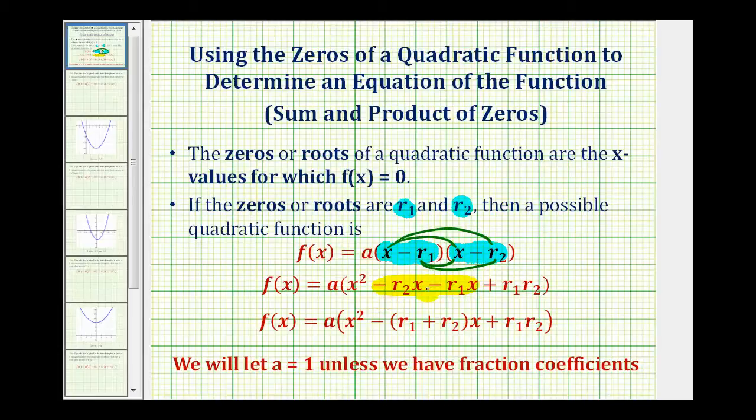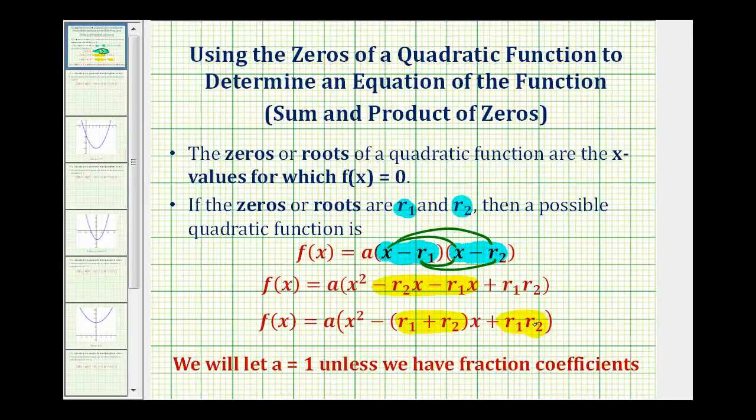So if we factor out the minus as well as the x, we can write this as minus the quantity r sub 1 plus r sub 2 times x, and then we have plus r sub 1 times r sub 2. So if we assume a is equal to 1, notice that if we find the sum of the two roots, minus this sum would give us the coefficient of the x term, and the product of the two roots would give us the constant term of our quadratic function.